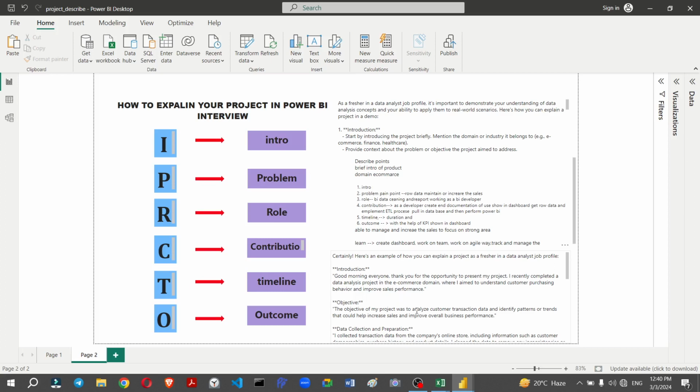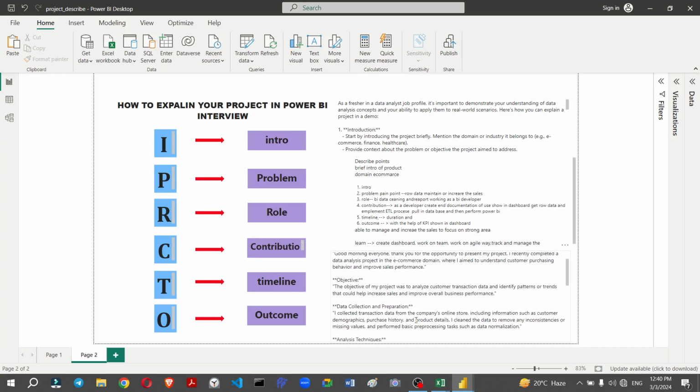The main objective of the project was to analyze customer transaction data and identify patterns or trends that could help increase sales and improve overall business performance. I collected the transaction data from the company's online store, including customer demographics, purchase history, and product details. After that, I cleaned the data, removed unwanted or inconsistent and missing values, and performed basic pre-processing tasks such as data transformation and data normalization.